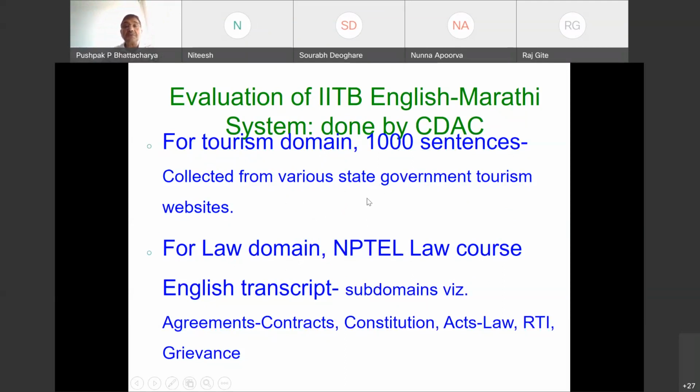I don't remember the number of sentences under law. And subdomains are agreements, contracts, constitution, acts, law, RTI, grievance, and so on. So this is the evaluation situation which CDAC has set up for IIT Bombay. We did not give them those sentences. They collected it from different websites for tourism domain and law domain. Okay, this is an independent evaluation.